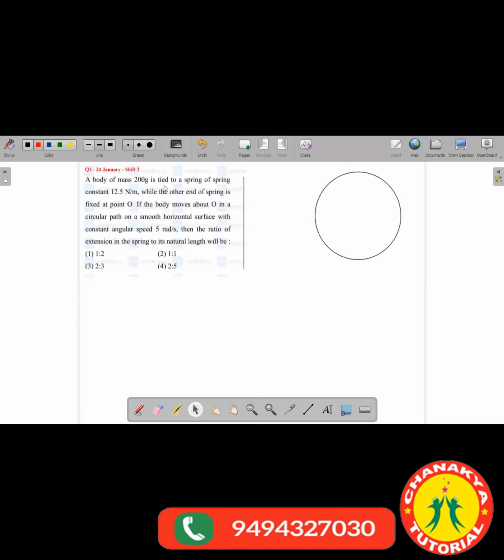See, a body of mass 200 gram is tied to a spring of spring constant 12.5 Newton per meter, while the other end of the spring is fixed at point O. So you have this spring, something like this, the other end being fixed at O. So this is our point O, and you have a mass that is fixed at the other end. This mass is 200 gram, so M equals 200 gram. This is our spring, and the spring has a spring constant K, which is equal to 12.5 Newton per meter.